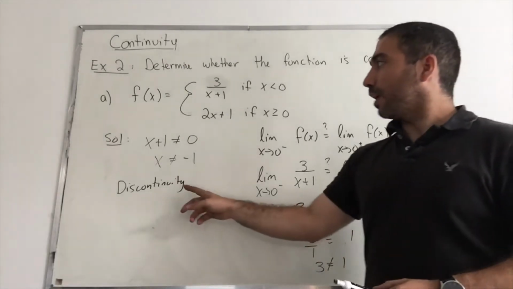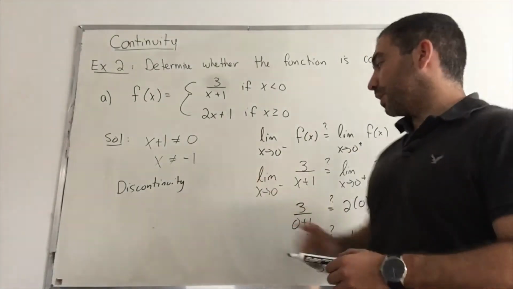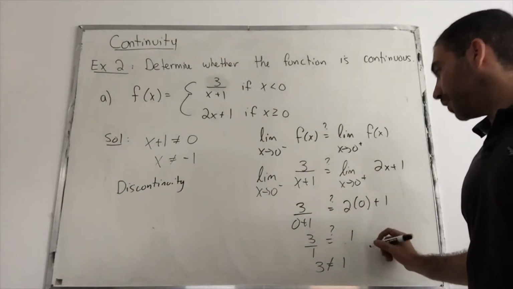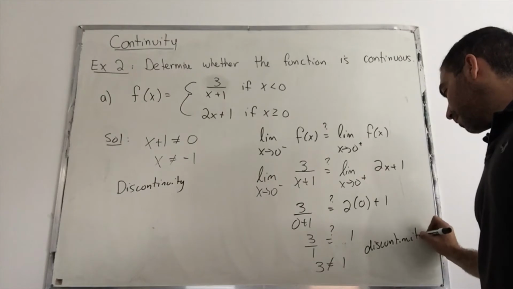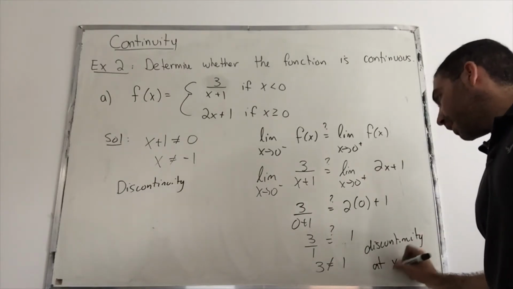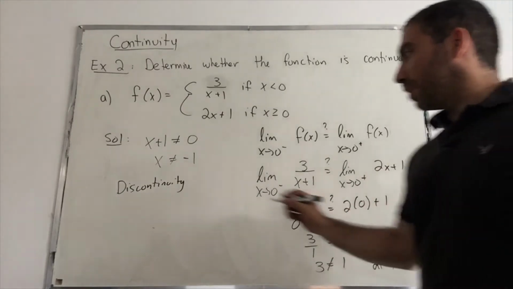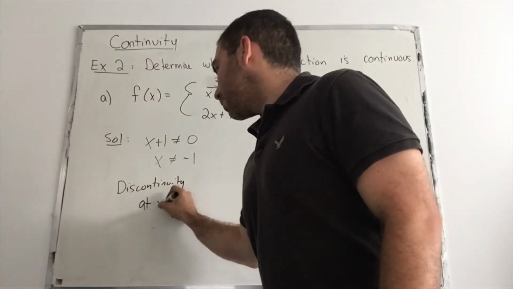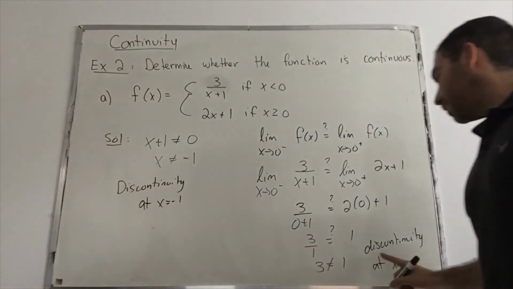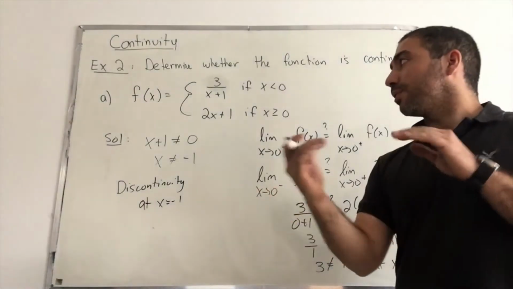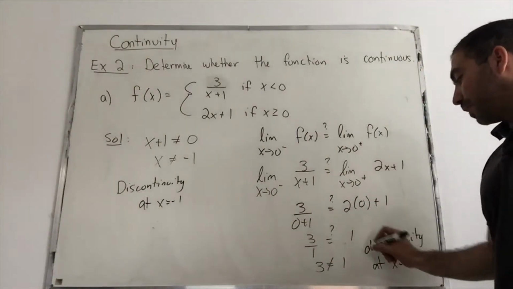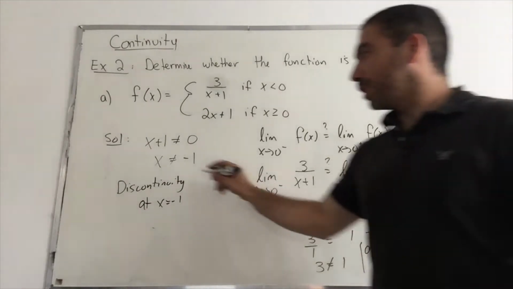So not only do we have a discontinuity at x equals negative 1, we actually have a second discontinuity. At x equals 0, we checked, and from the left side the limit and the right side the limit did not match. So the whole function is discontinuous.